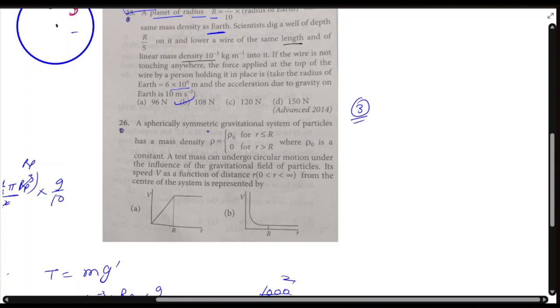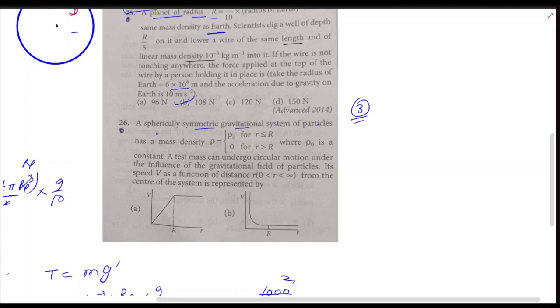A spherically symmetric gravitation system of particles of mass density rho, where rho naught is constant. A test mass can undergo circular motion under the influence of the gravitational field of the particles. Its speed v as a function of r from the center of the system is represented by.